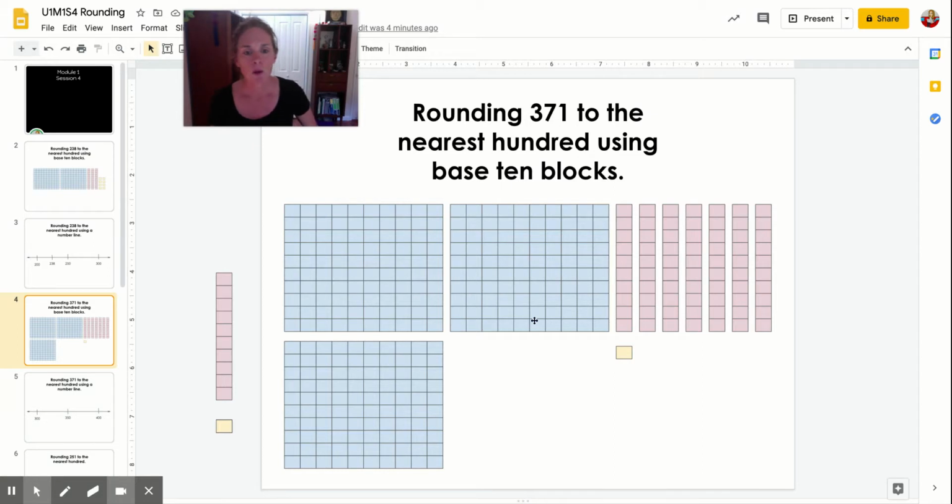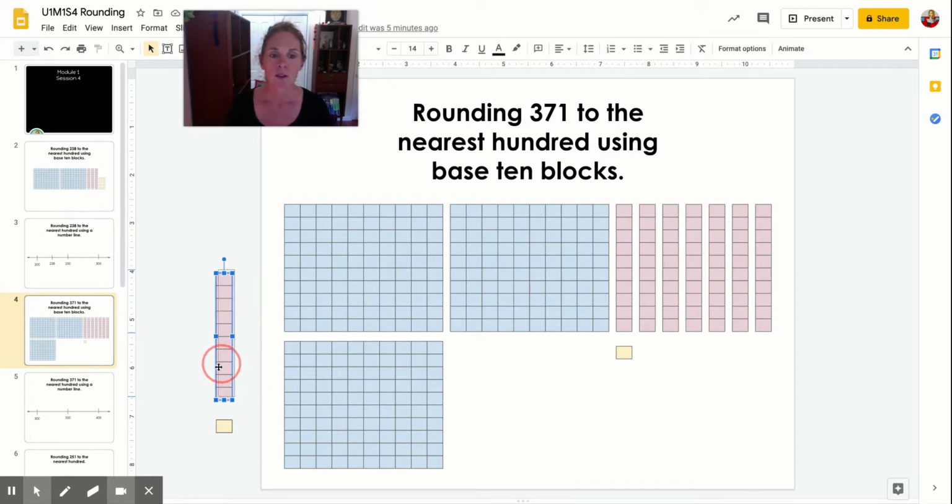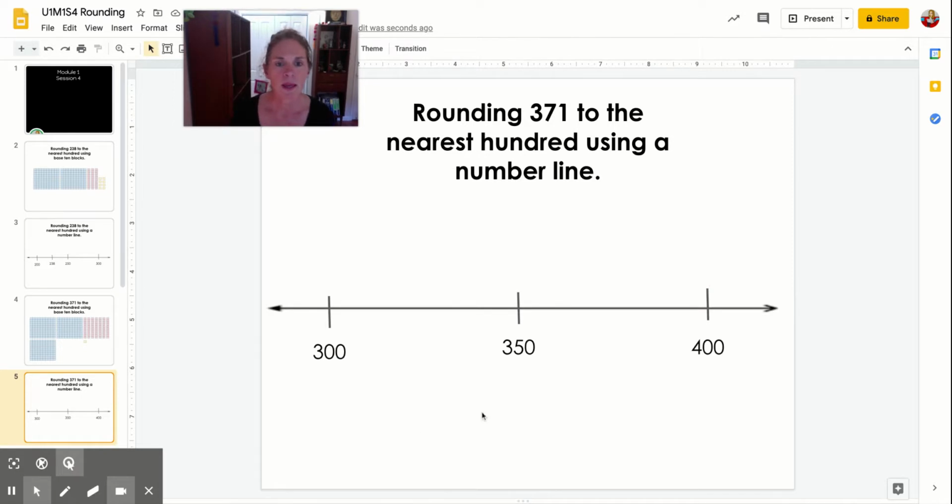And I know that if I had to add more to get up to 400, I would only have to add 3 more tens, right? So in this case, we're going to round up because this number is 7, and 7 is between 5 and 10. Let's look at the 371 on the number line.